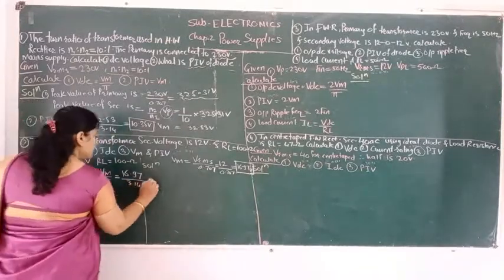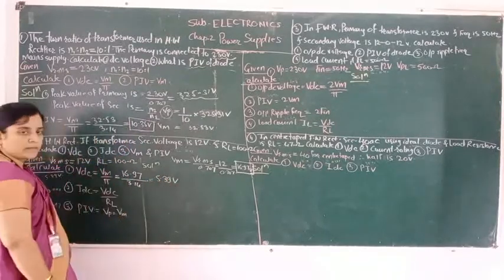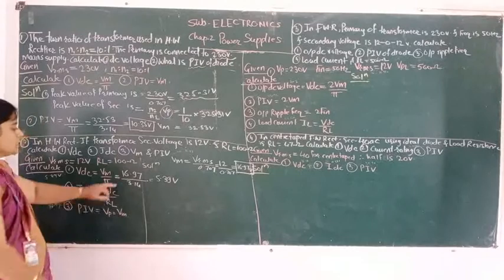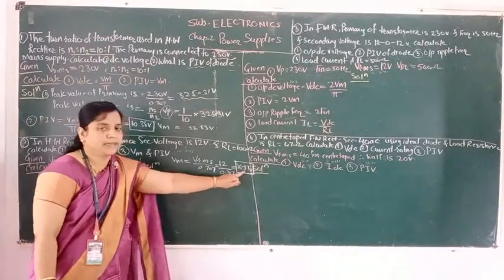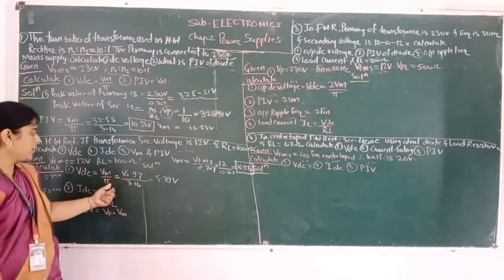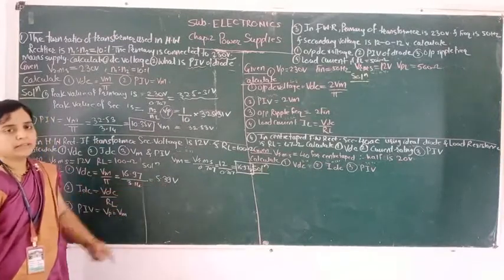So this value is 5.39 volt. So this VM we have to take from here: 16.97 divided by pi, the value of pi is 3.14, so it is 5.39 volt.